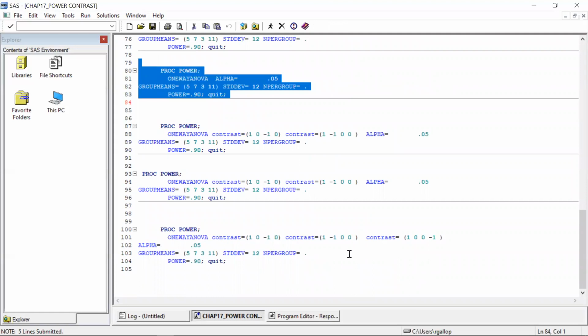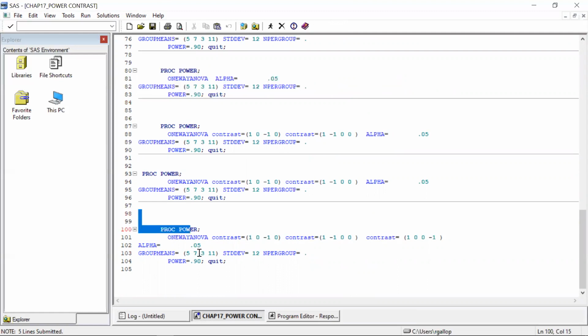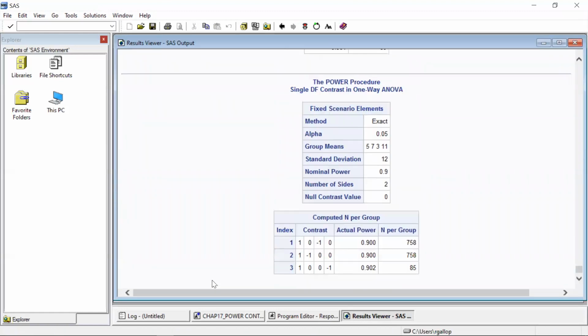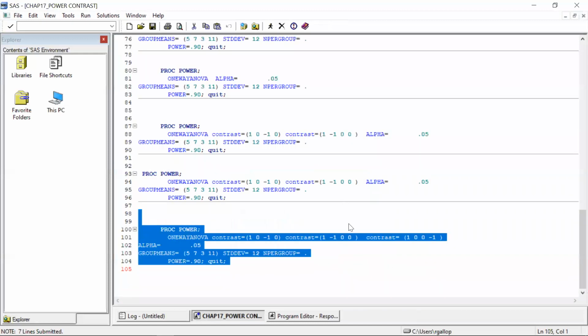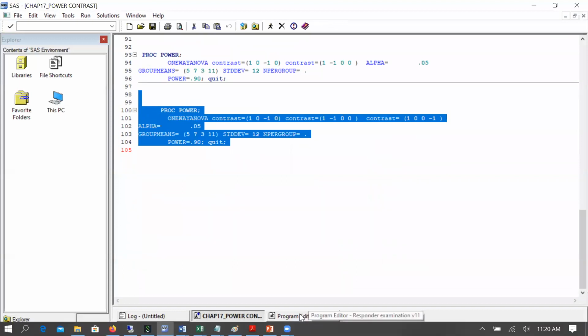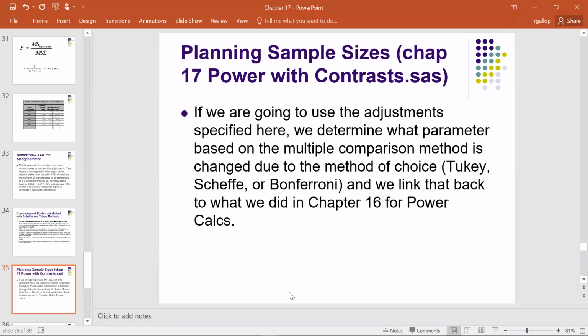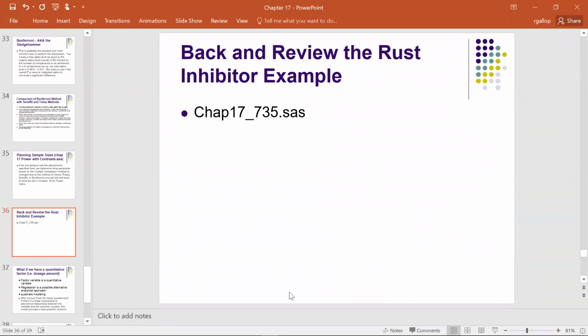If we want to do all 3 contrasts, mu1 to mu3, mu1 to mu2, mu1 to mu4, and per group, this is giving us 85 per group for the mu1 compared to mu4 contrast. So again, you can extend as many contrasts as you want. That becomes the big component. But again, with the proc contrast, we can go to that.